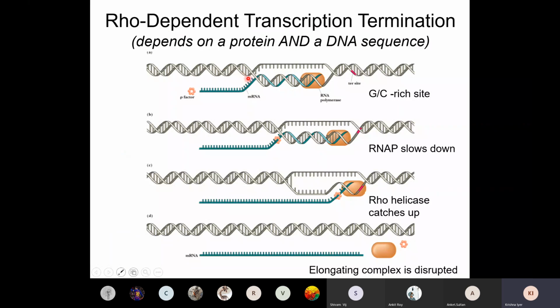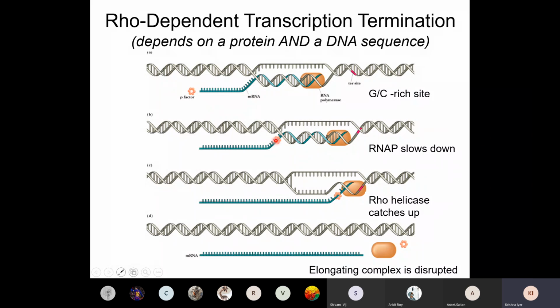Now figuratively, this is what happens. As DNA is being separated, one of the DNA strands is being read as a template by the polymerase, and the polymerase is making this RNA in the 5' to 3' direction. In those genes where termination is Rho dependent, the Rho protein starts to bind to this newly made mRNA, and it starts to move.